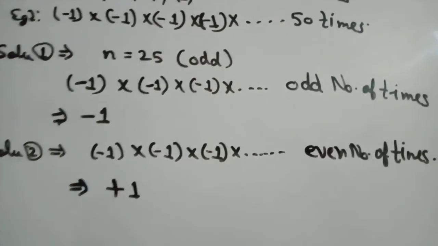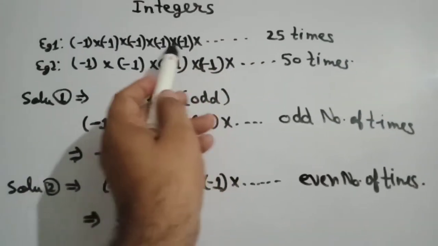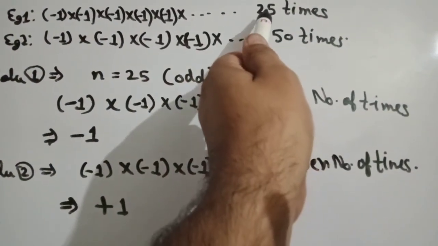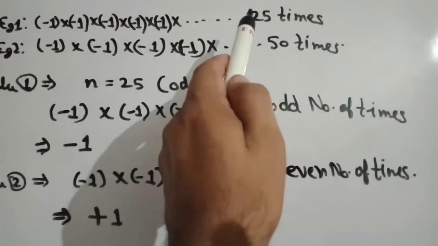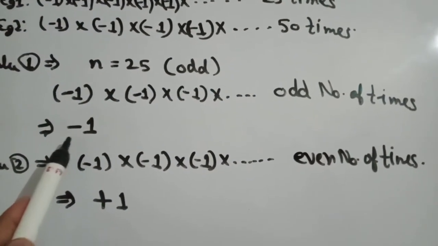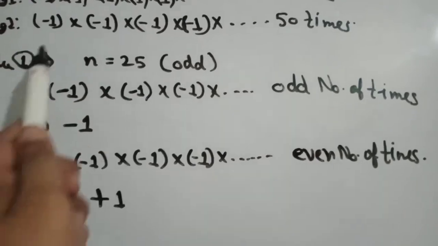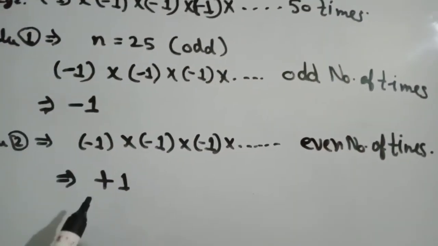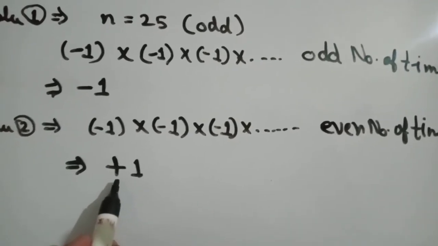So student, you only check whether the number of times minus 1 is repeated is odd or even. If it is an odd number of times, then the answer will remain minus 1. But if the product comes in an even number of times, the answer will be positive 1.